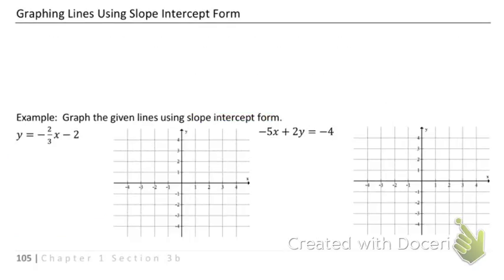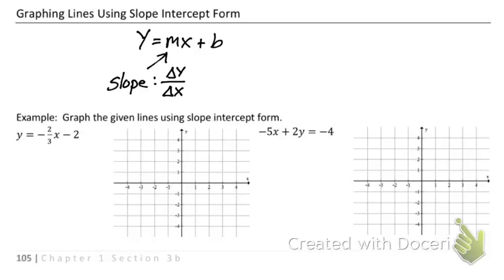All right, the other way you can graph lines is using slope-intercept form. Slope-intercept form is y equals mx plus b, where m is my slope, and slope is change in y over change in x.